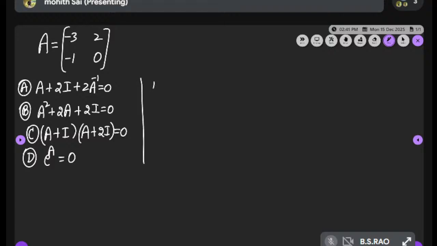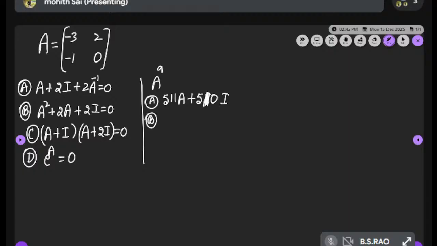In the above, another question in the same, like in part 1, part 2, sometimes you may be given linked questions in which each one may have 2 marks. The data is set. A power 9 equals to: Option A: 511A plus 510I.